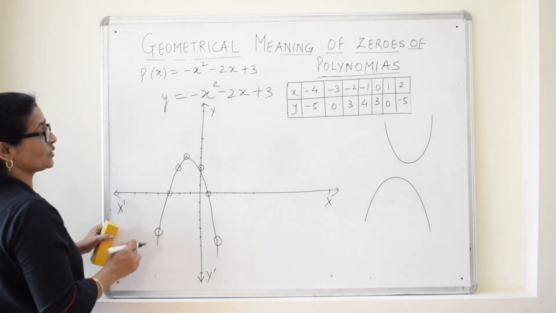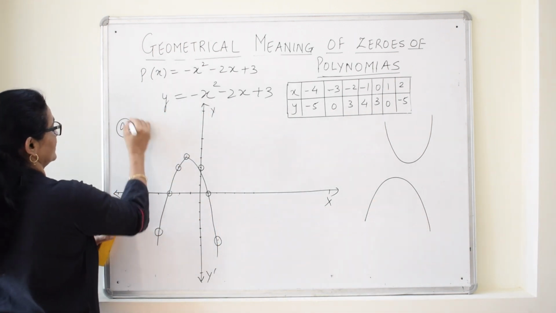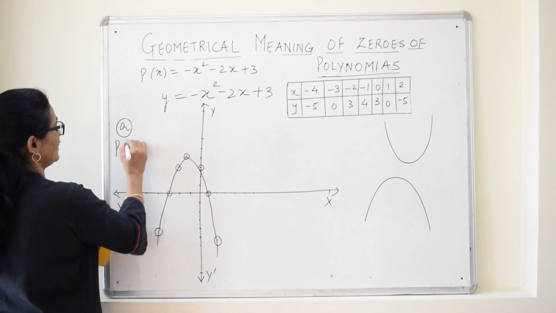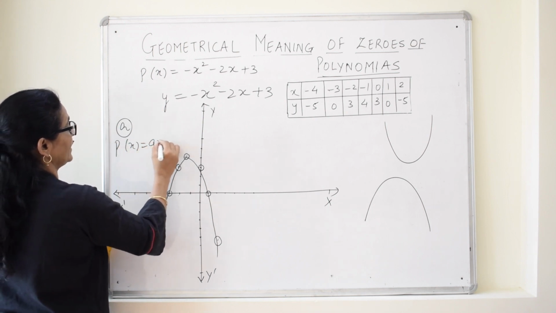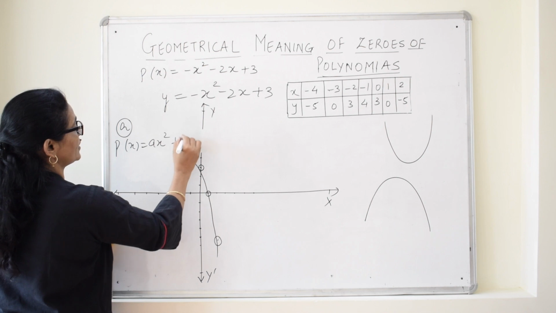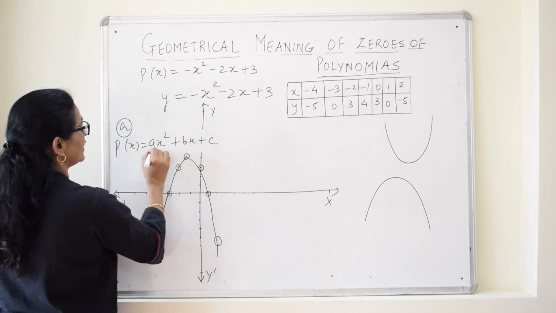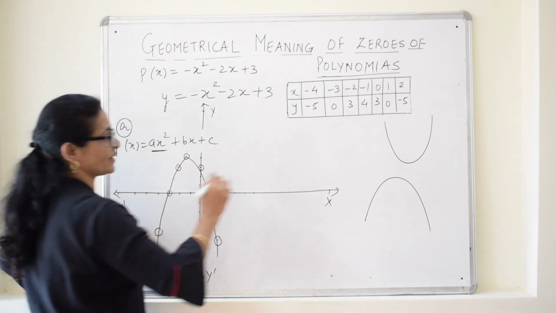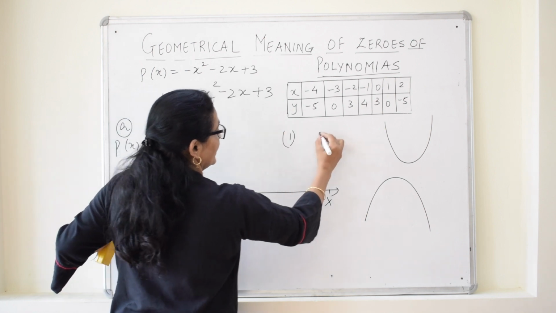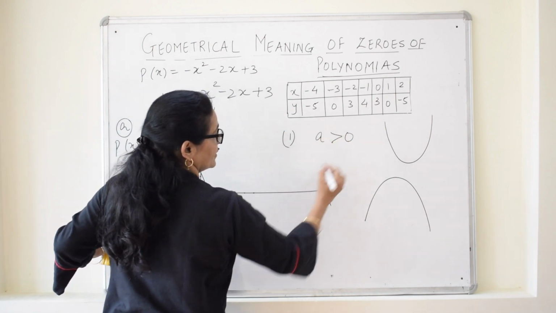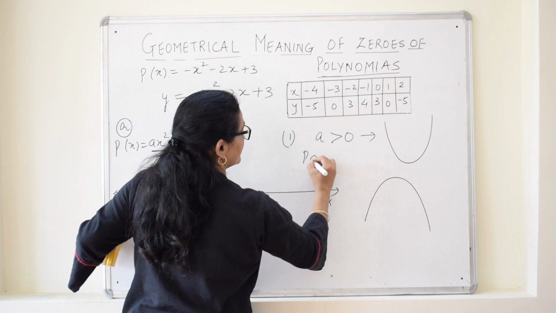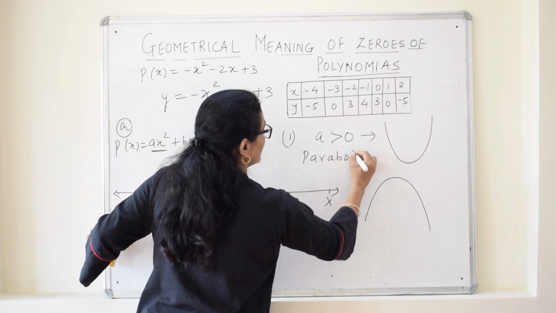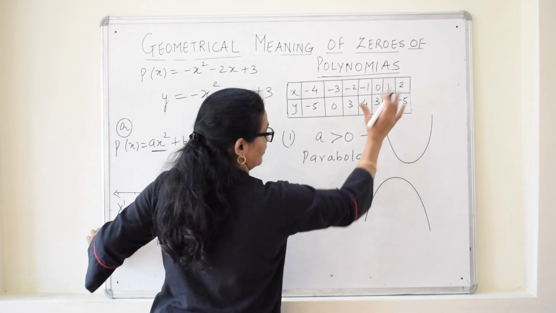So it depends on A. What is A? In a quadratic polynomial, A is the coefficient of x square. So first case, when A is positive, the parabola is opening upwards.